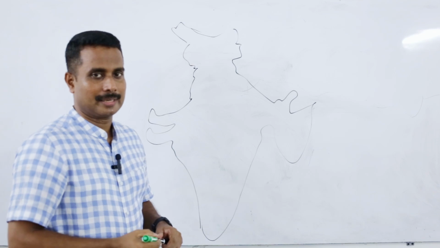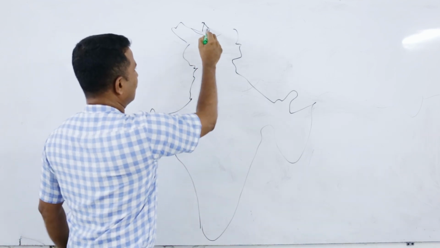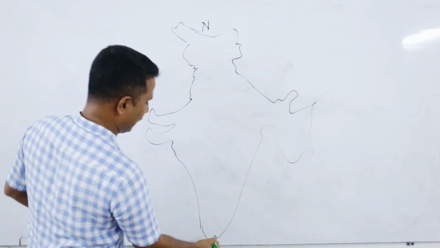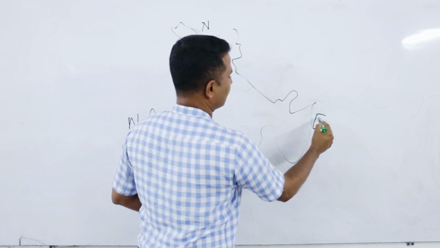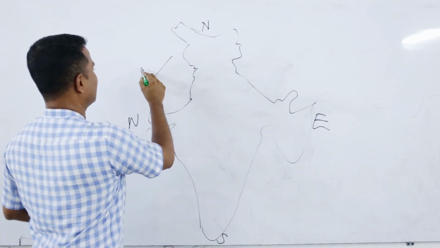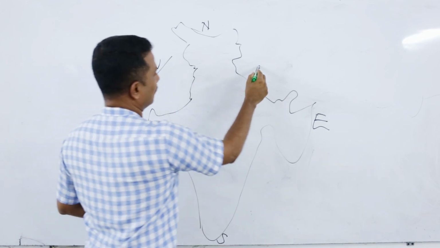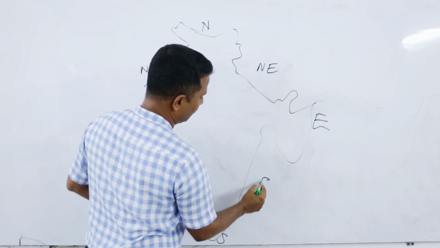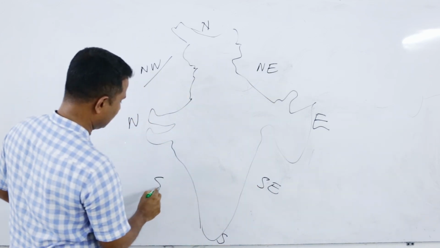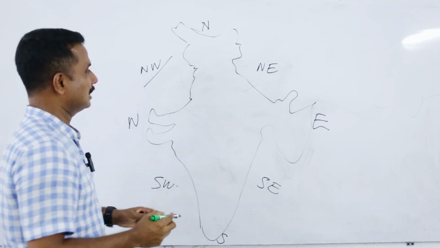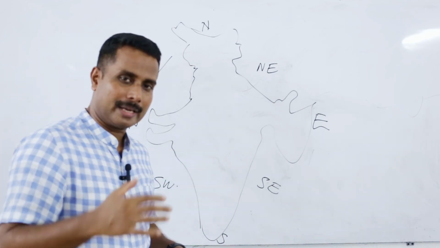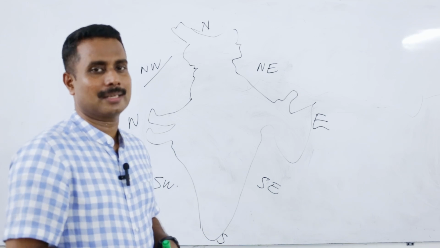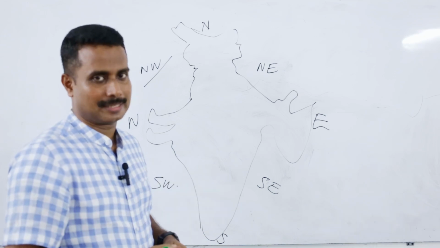So this is India, and this is north, this is south, this is west, and this is east, and this part is northwest, this is northeast, this is southeast, and this is southwest. Some basic idea of Indian geography is essential for any student to understand history in a proper historical setting.